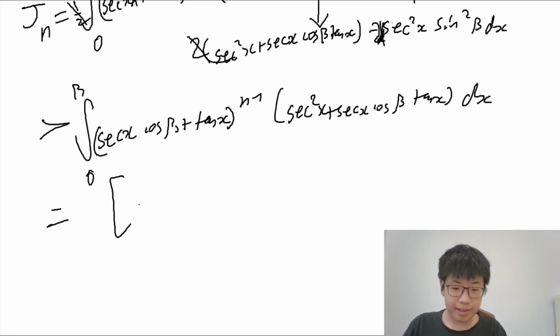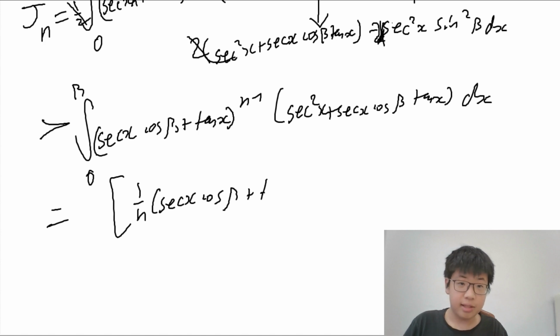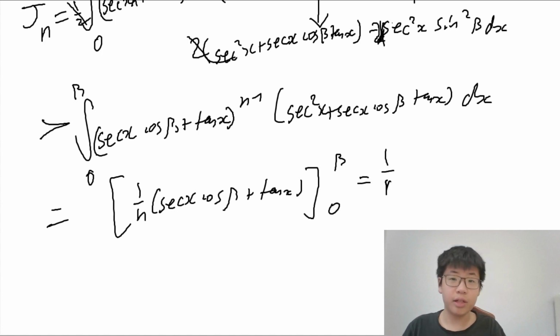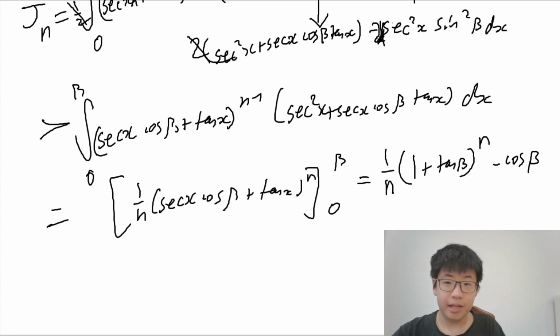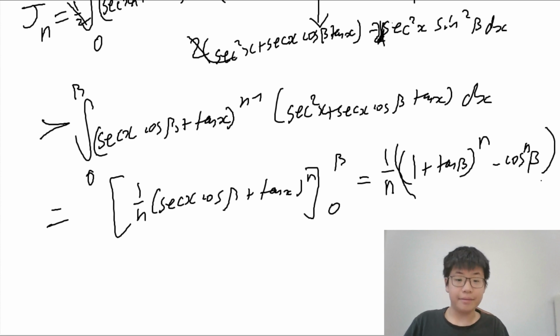So this becomes 1 over n (sec x cos beta plus tan x)^n from 0 to beta, which equals 1 over n ((1 plus tan beta)^n, don't forget n, minus cos beta). Let me check I got that right. There. And don't forget to put in the cos^n beta because there was already an nth power. There.